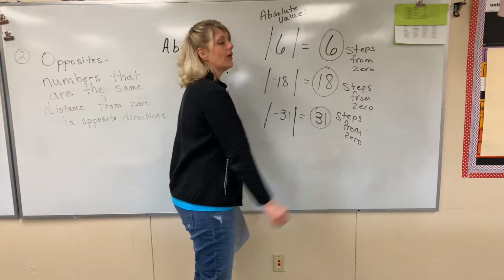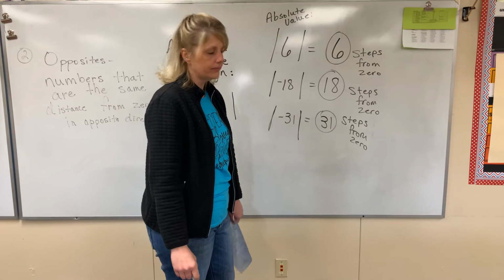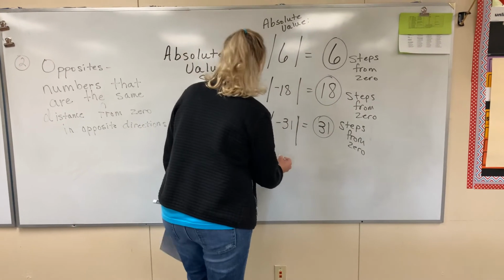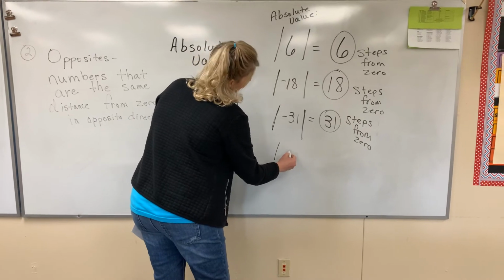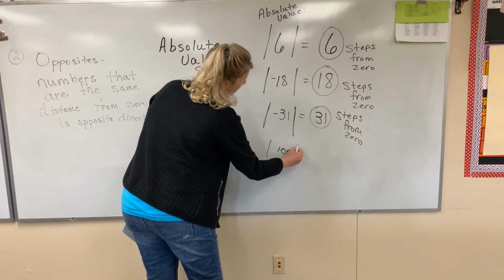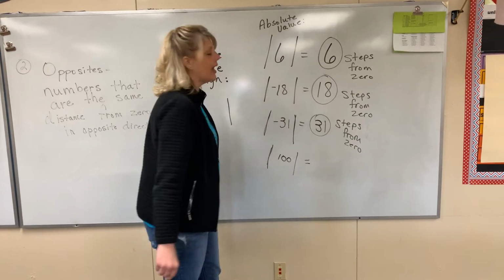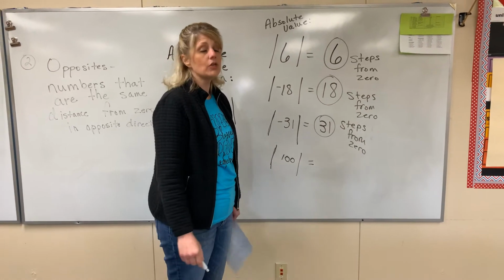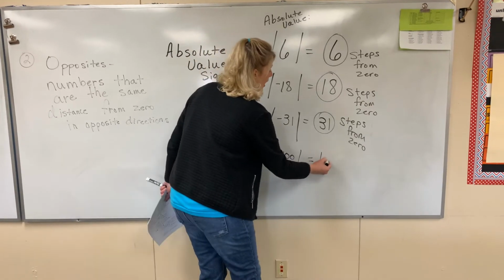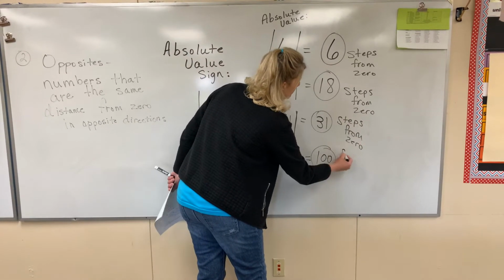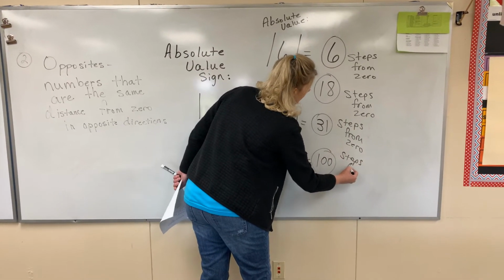You say I'm 31 steps from 0. Okay, let's do one more. Let's say 100. Well, what would the absolute value be of 100? How many steps are you away from 0? 100 steps from 0.